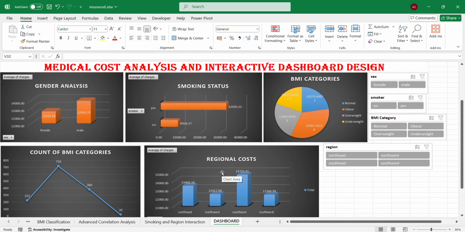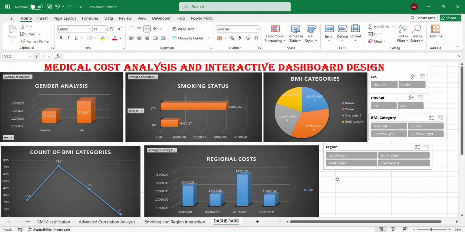So this is the whole process, the whole description of how medical charges or cost is affected by the various categories, and on the basis of that the user can work to lower the charges.